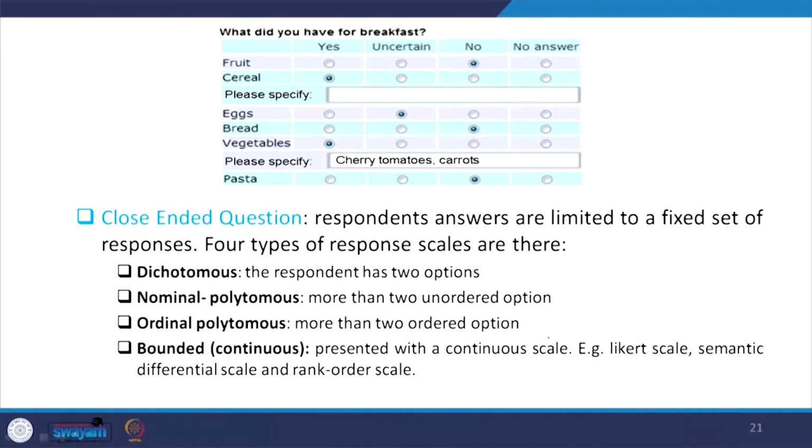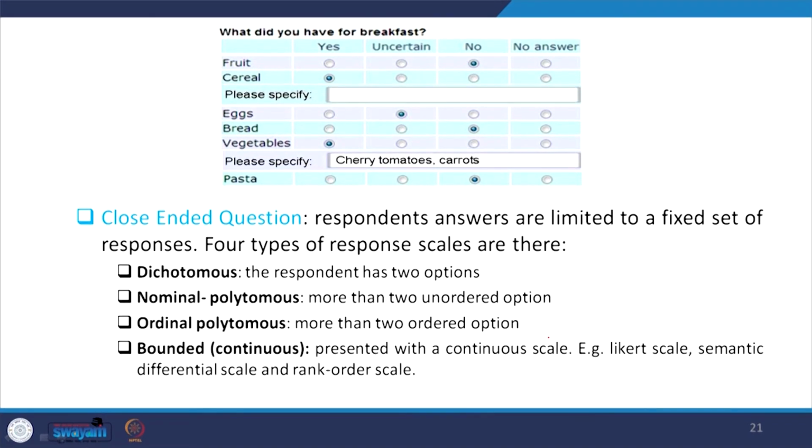Another is nominal or ordinal. Nominal polychotomous means more than two responses, but those are unordered. Similarly, ordinal means more than two responses that are ordered.